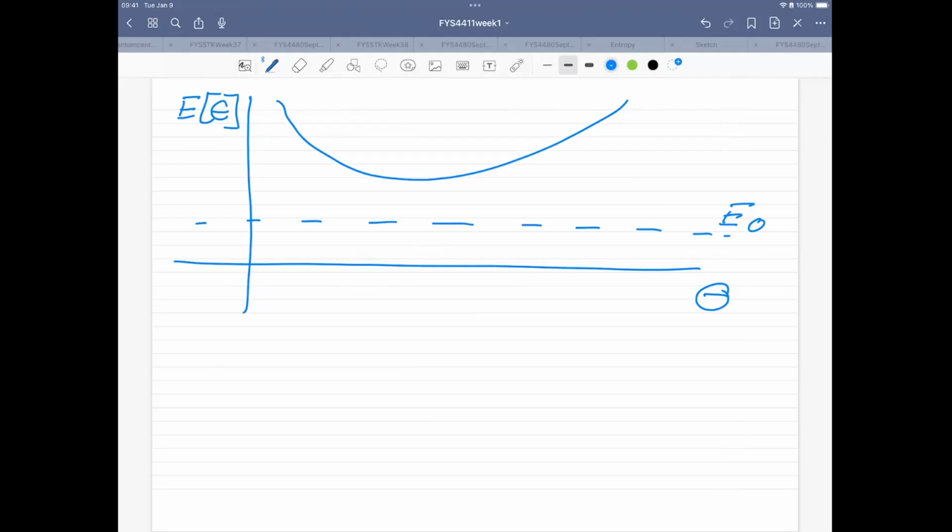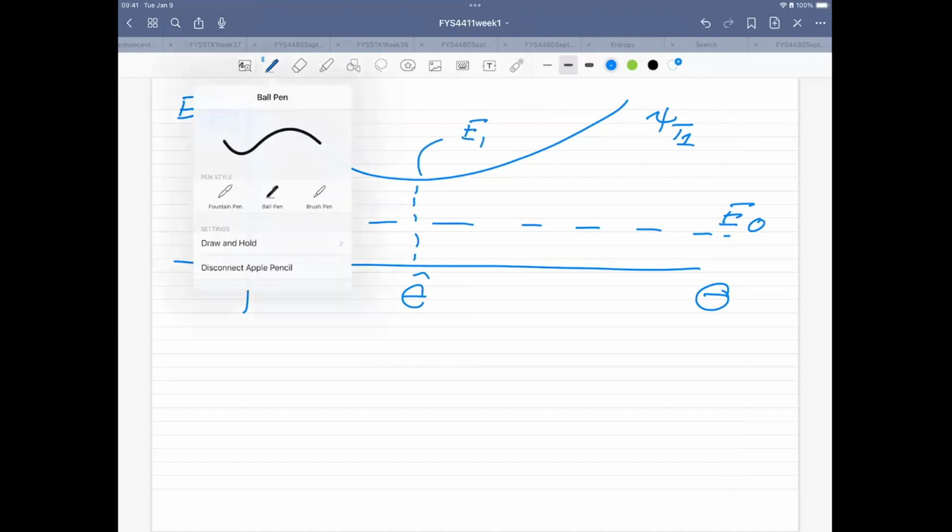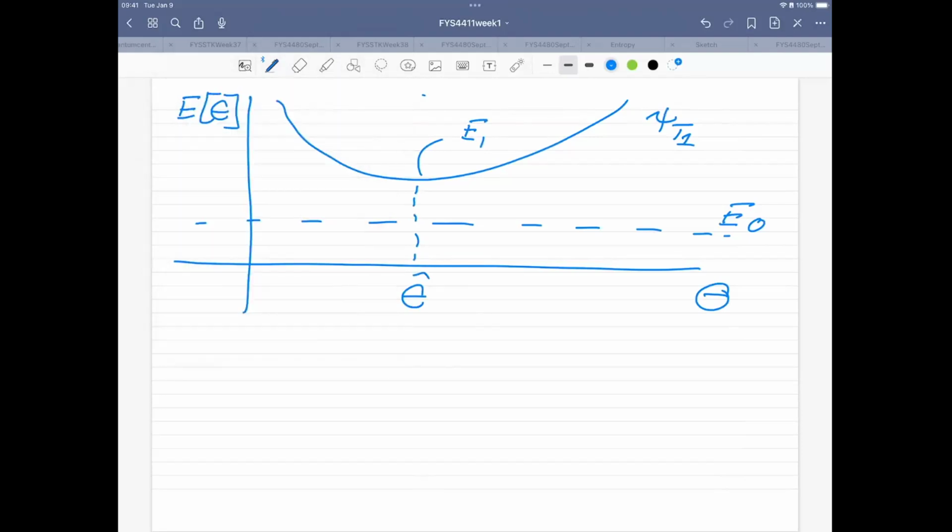So this could be the results we would get with, suppose, a trial function 1. And that means that the optimal parameter is this one. And I'm going to call this energy here E1. But then somebody could now give me another function. Now, let me just change the color. So suppose now I have this function, and that gives me a slightly different minimum.